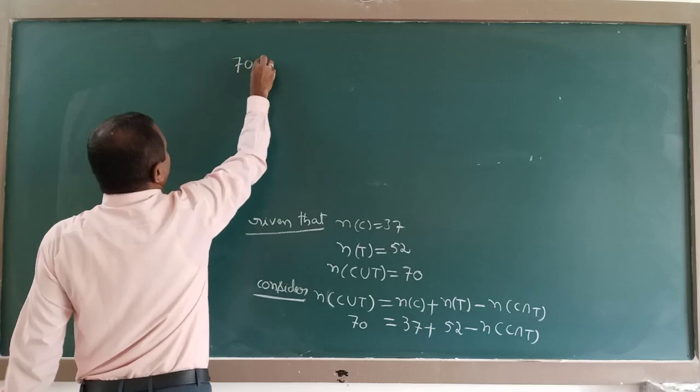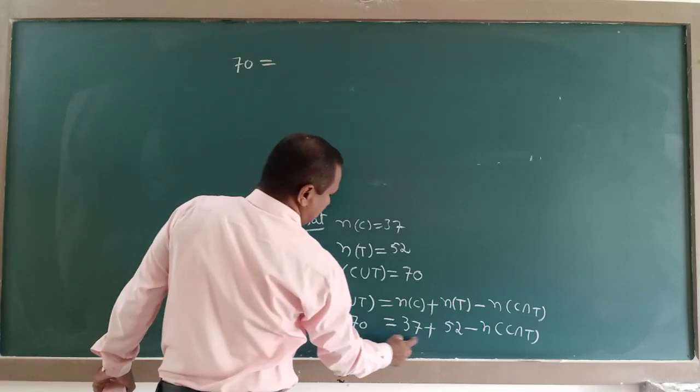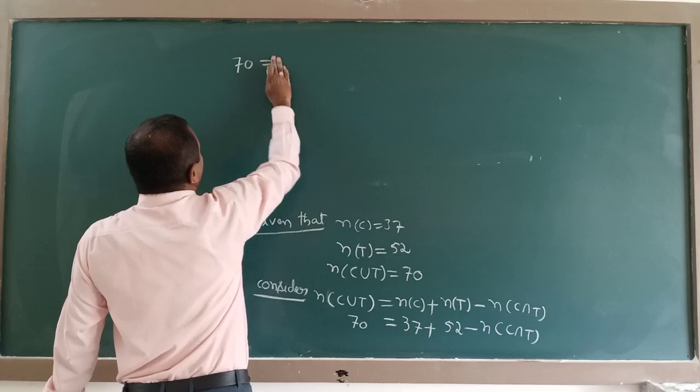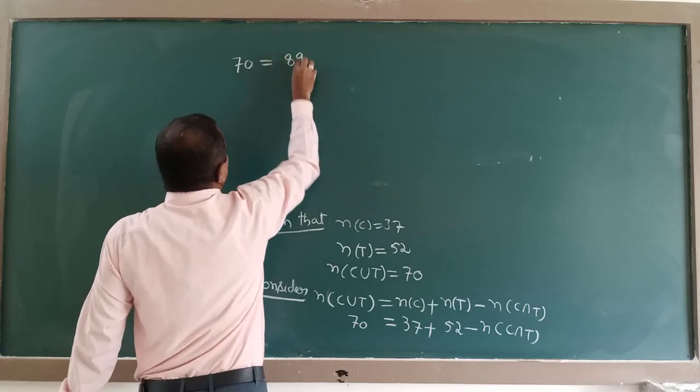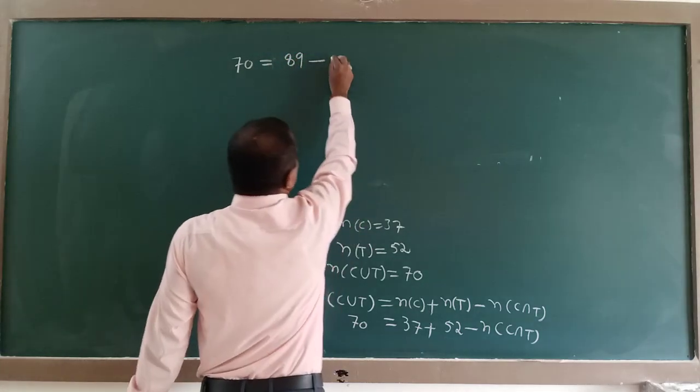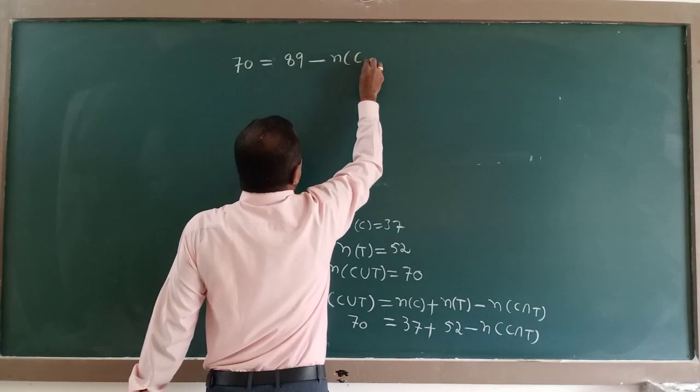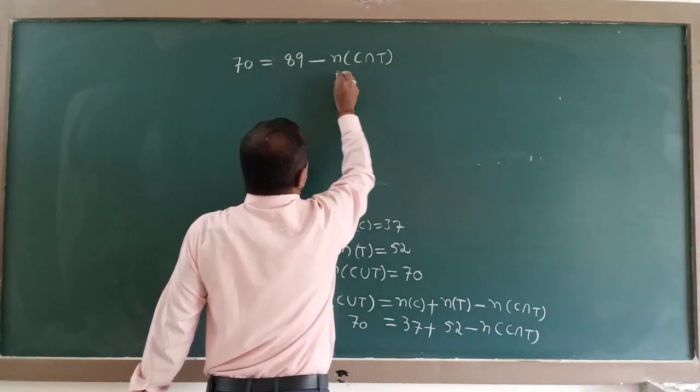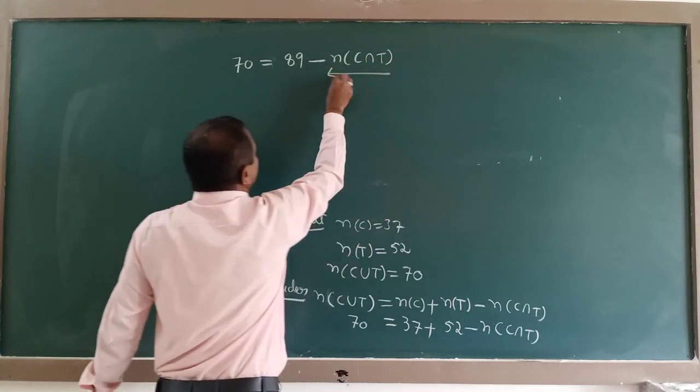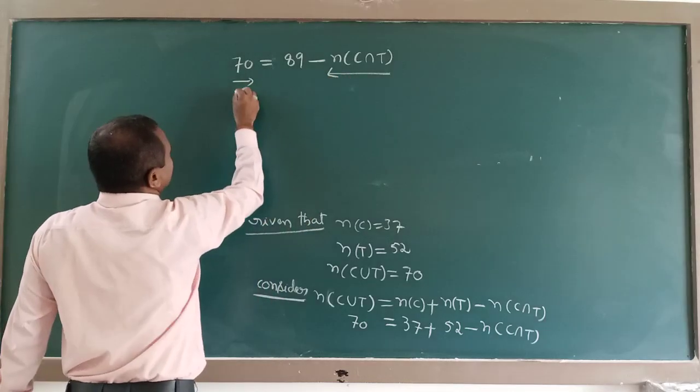Is equal to 37 plus 52, which is 89, minus n of C intersection T here. Send this side and send 70 that side.